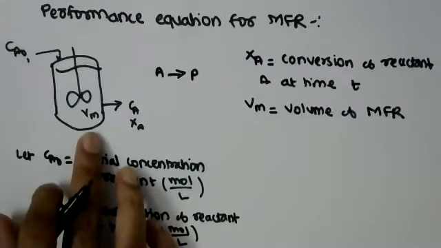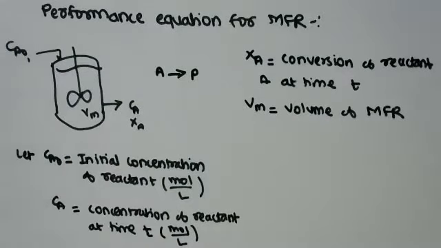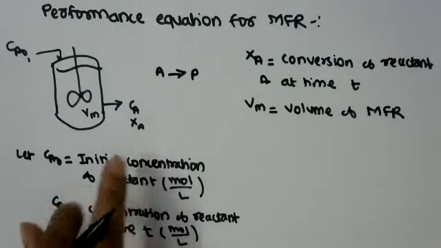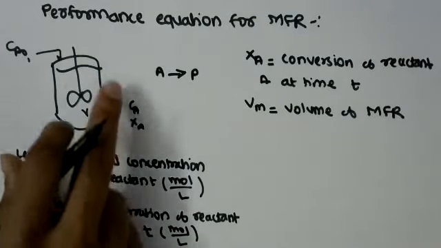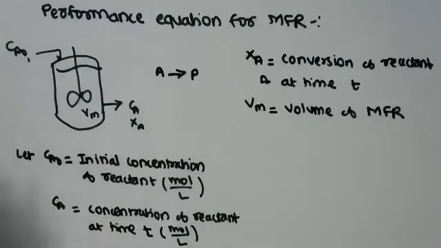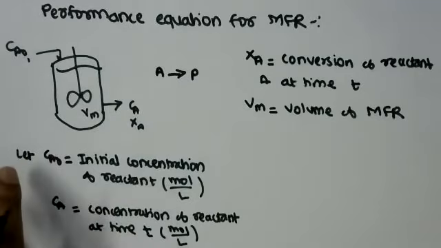The reactor operates in a steady state manner and therefore variables are not varying with respect to time. And there is a continuous inlet, continuous outlet, and therefore since the reactor operates in a continuous manner, the accumulation inside the reactor is zero.